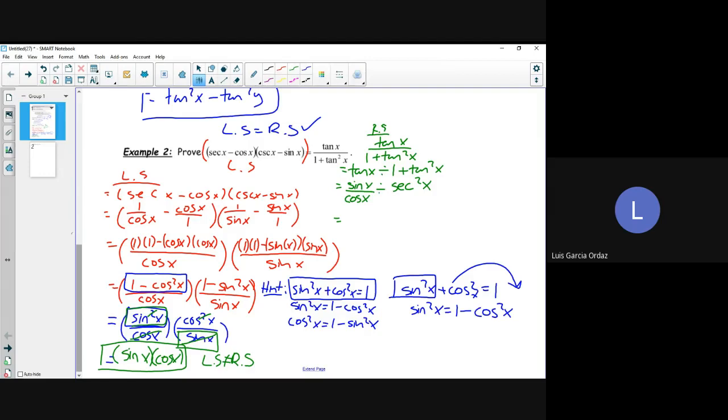Cosine. So you get sine x over cos x divided by 1 over cos squared x. Now we have to flip the second fraction.